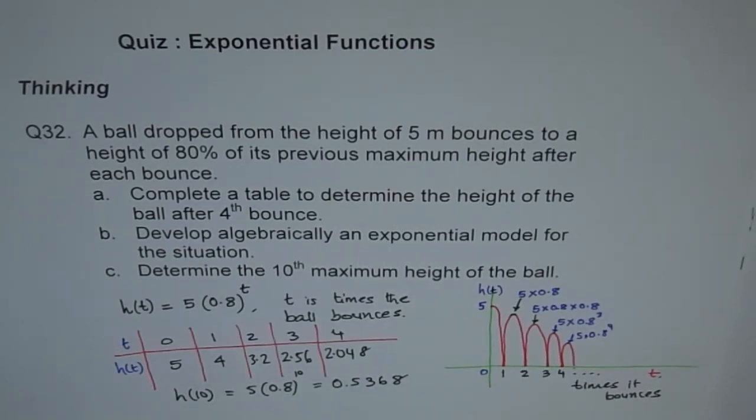That is the maximum height of the ball in meters. We can write approximately 54 centimeters. Does that make sense? These heights are given in meters. And finally in part C, we get the height after the 10th bounce. The maximum height is about 54 centimeters.